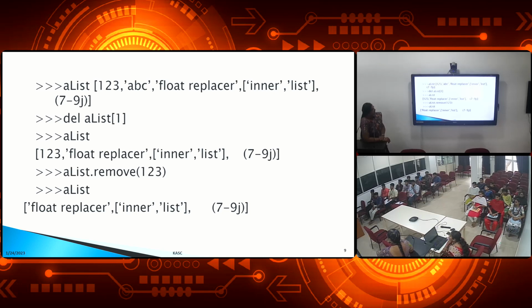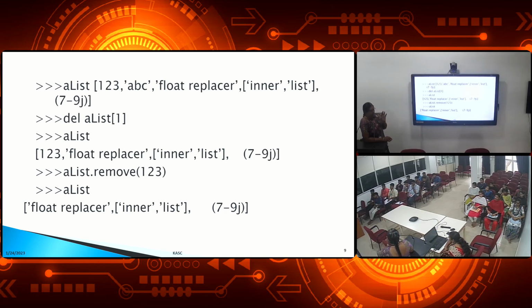Here is another example. Here I'm using the delete keyword. We already know that the variable a list has some items, and in that I'm going to remove one value. Maybe ABC. Here I'm mentioning the index of ABC; you can use it for float replacer or whatever you want.